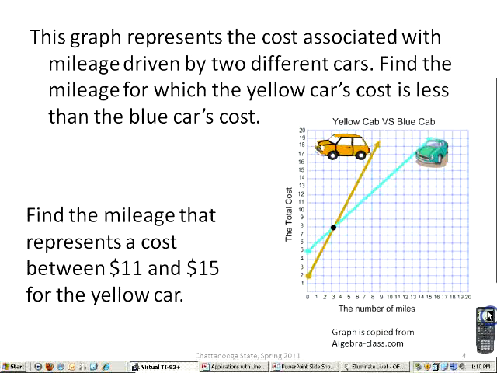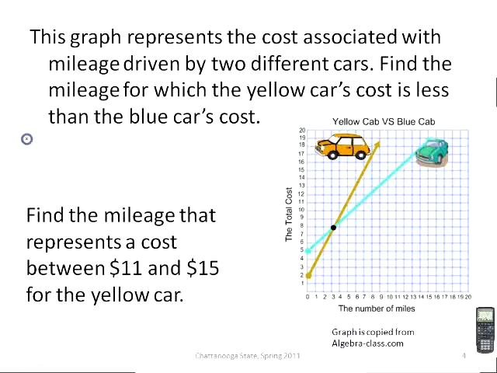The yellow line represents the cost involved with the yellow cab, and the blue line represents the cost involved for the blue cab. Find the mileage for which the yellow cab costs less than the blue cab. So that means find where the yellow line is below the blue line.